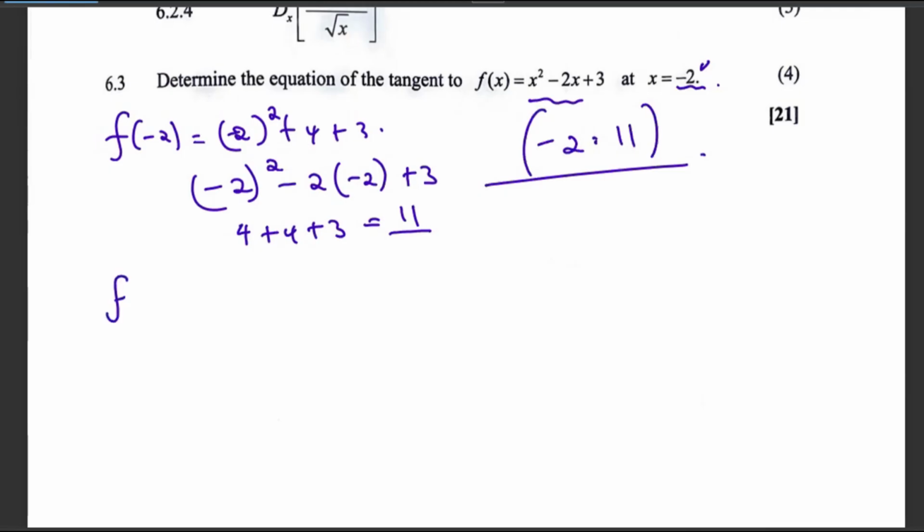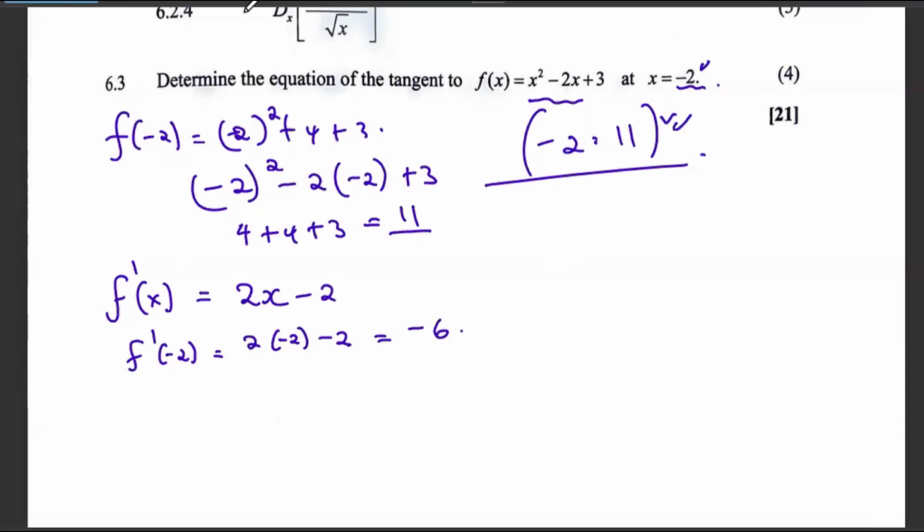Then we need to find the first derivative and then substitute with negative 2 to get the gradient at that point. So it's going to be 2x minus 2. And then the first derivative at negative 2, remember we said 2 multiplied by negative 2 minus 2, which gives us a negative 6. So our gradient is negative 6, and this is the point of interest.